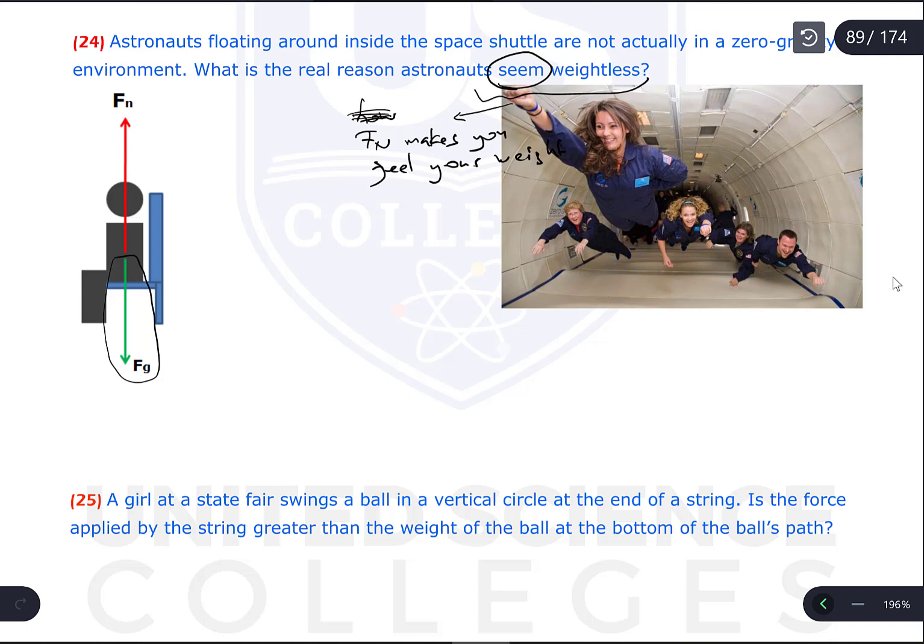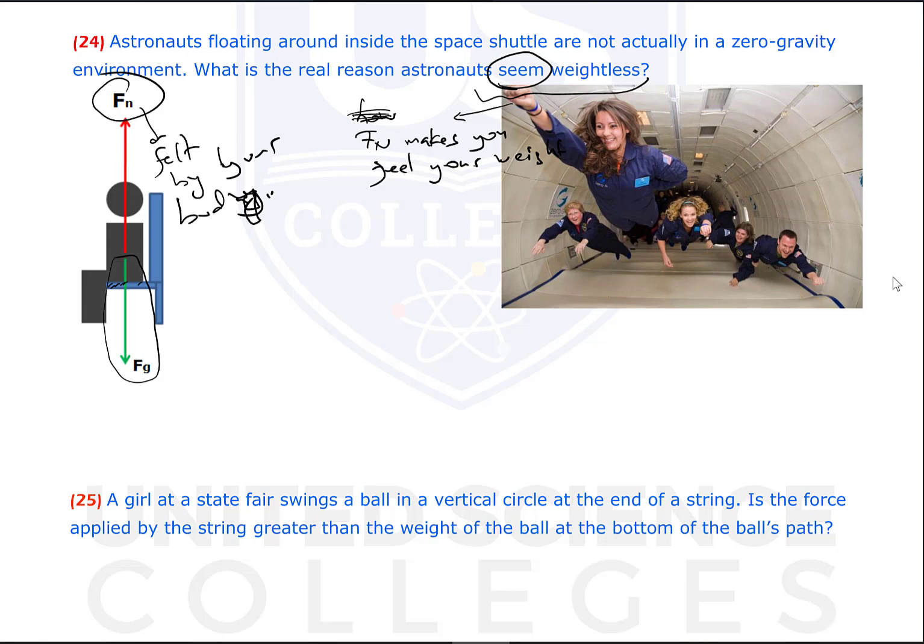But as this man is sitting on the surface, because of the gravitational force, he is pushing the chair down. The chair gives a reaction on the man's body, up. This reaction force is called the normal force. This man is feeling Fn, and Fn is felt by your body. So when you feel Fn, for a person sitting on a chair, because Fn and Fg are equal in magnitude, you are feeling exactly what your weight is.